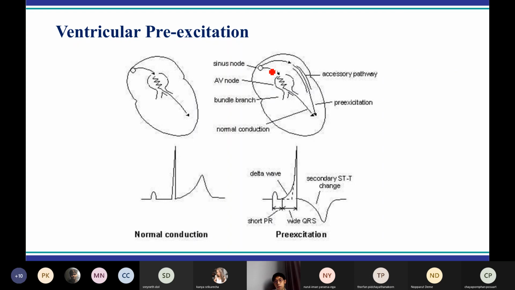The signal comes through the AV node, the normal conduction, and also through the accessory pathway. It would result in a short PR, a wide QRS, and also the important one, the delta wave. If we see the delta wave in a 12-lead ECG, it tells us that this patient has some pre-excitation that could conduct anterogradely during normal sinus rhythm.